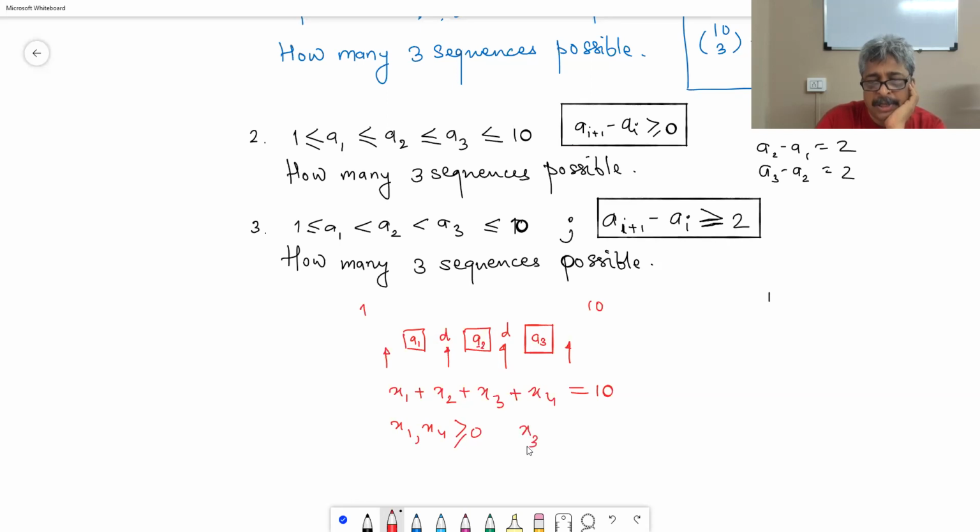But x2 and x3 can be greater than or equal to D, if we have to insert chairs between them.